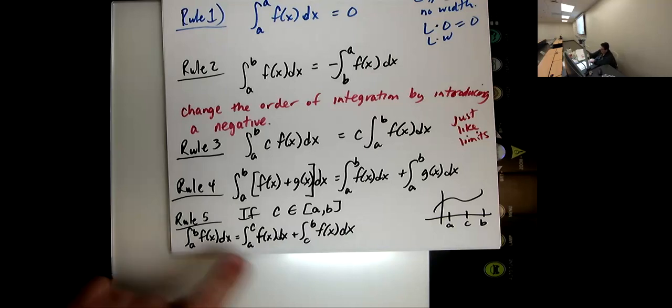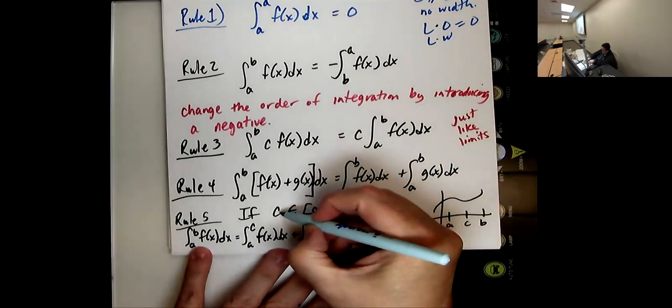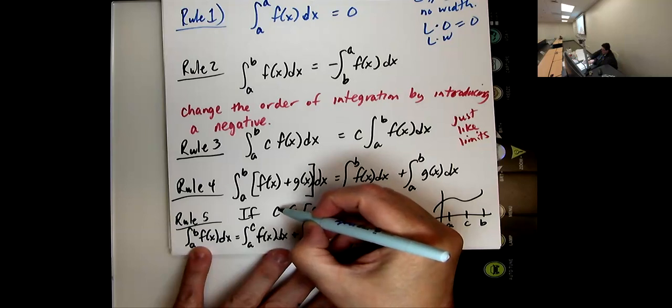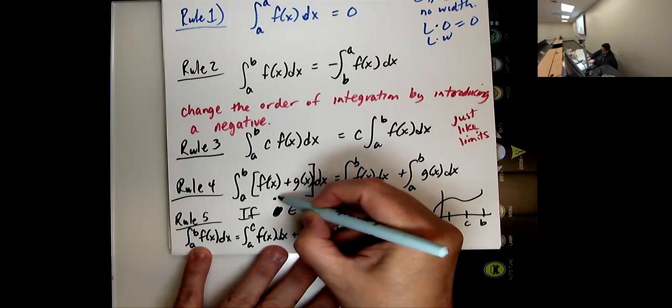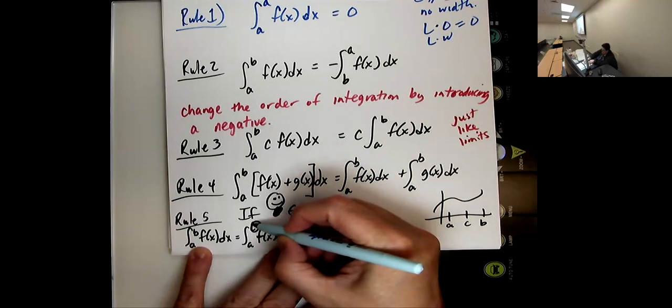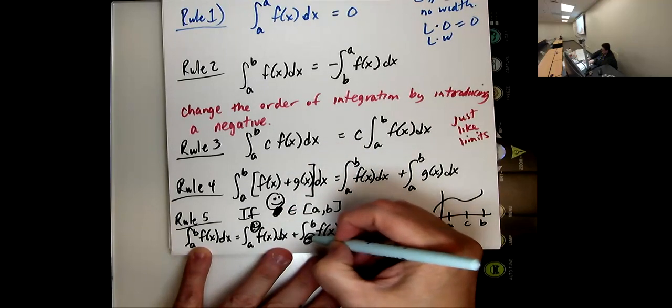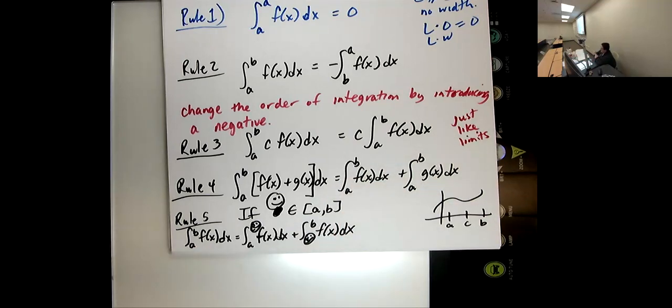Let's just say there is a smiley face. So we're going to do A to smiley face and smiley face to B. That doesn't mess up our alphabetical system now, does it? But learn to speak, David.